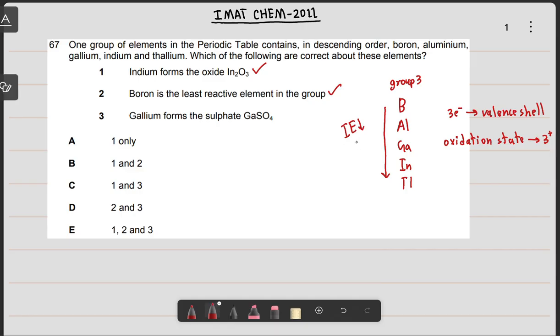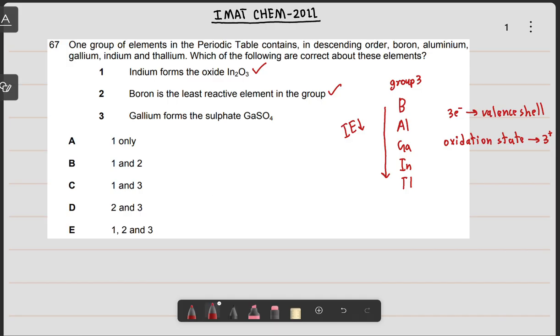So what's ionization energy again? It's the energy that is required to remove 1 mole of valence electrons from a neutral atom. So it decreases as you go down the group. Boron is least reactive because its ionization energy is high, which makes it highly endothermic.